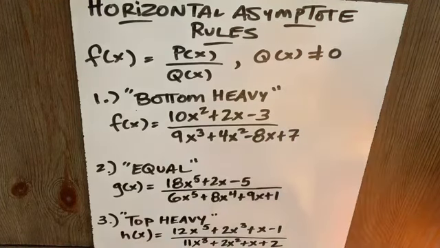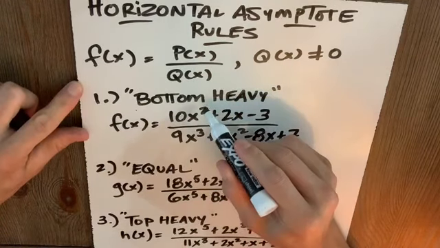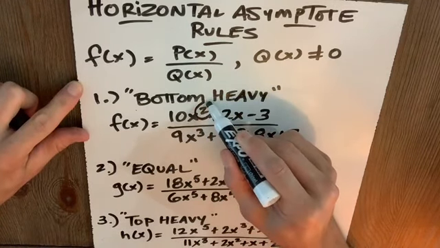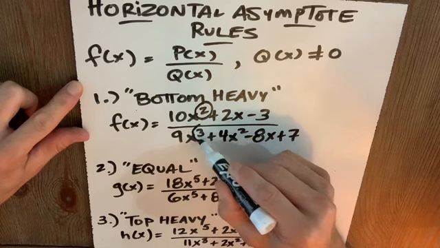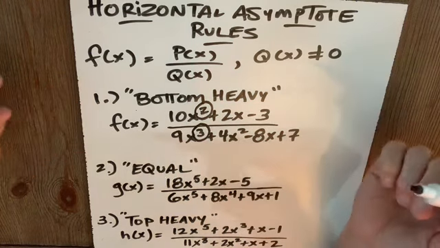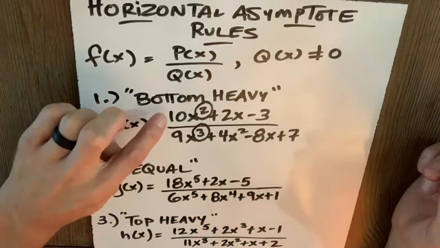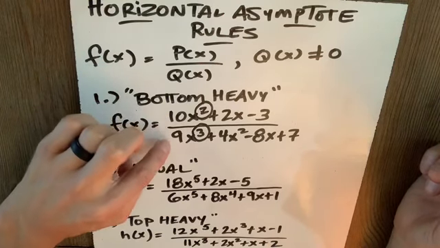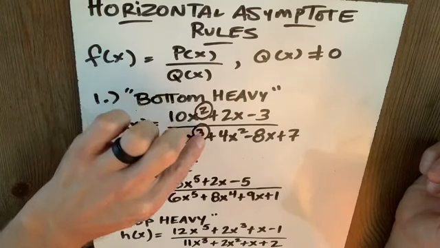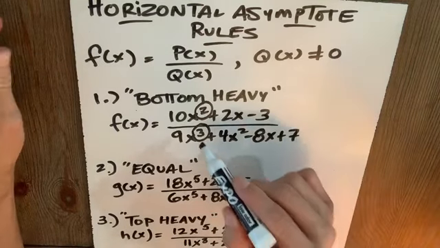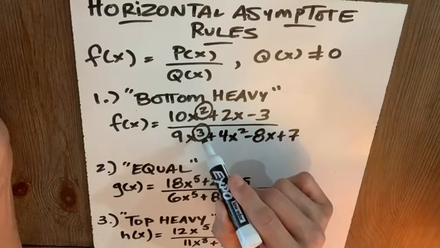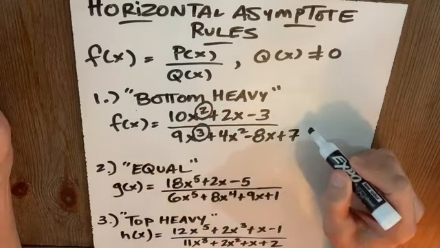Bottom heavy. Take a look at this. I'm looking at the largest exponent, or the highest degree, of the numerator and the denominator, because 3 is bigger than 2. I purposely tried to screw you up, giving you coefficients that are just the opposite. It's the exponents, or the degree, that matters, because we have a larger exponent in the bottom than in the top. I call that bottom heavy.